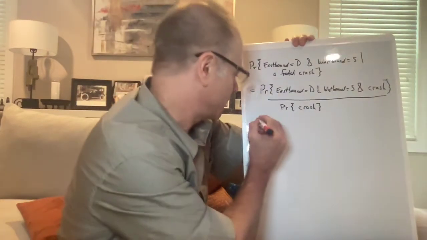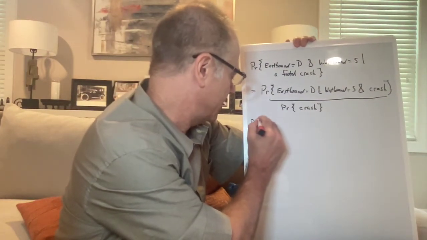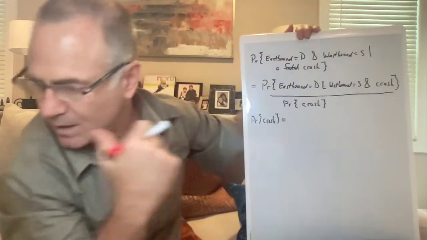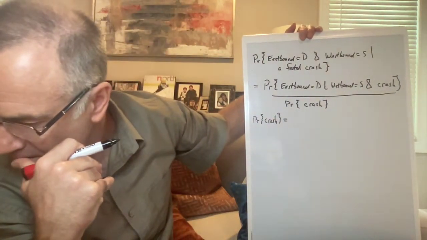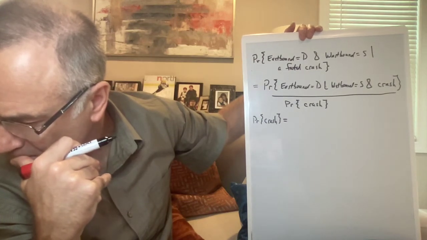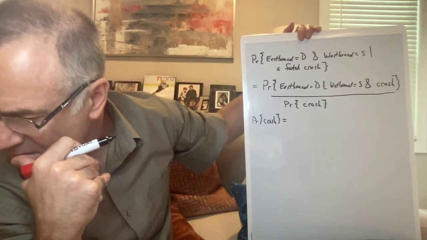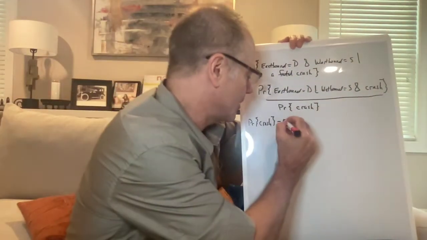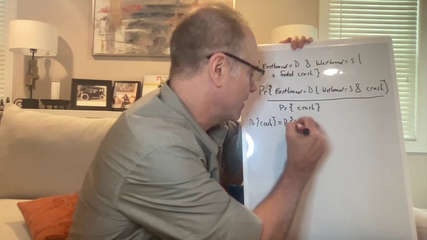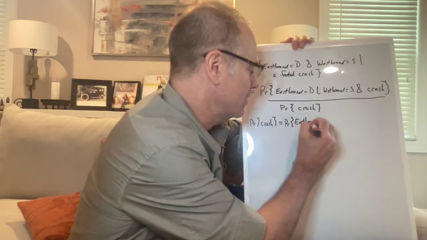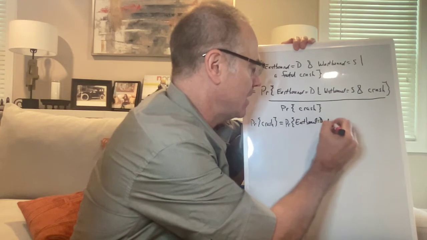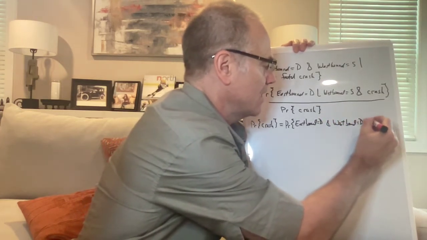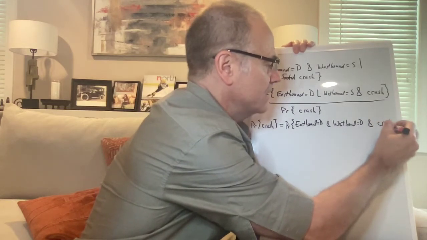So the probability of a crash equals the probability eastbound equals drunk and westbound equals drunk and a crash.